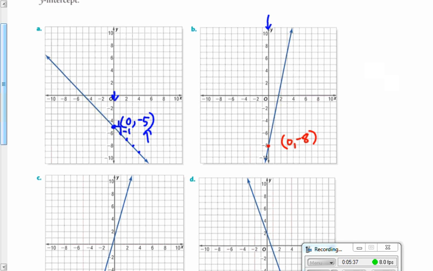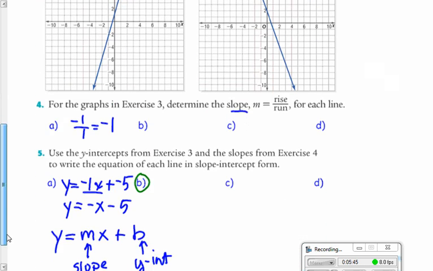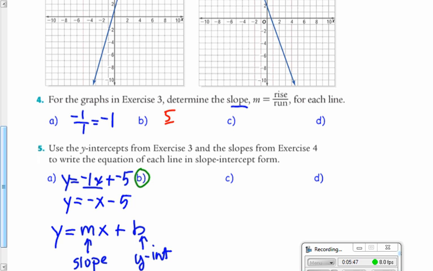And then doing rise over run, you maybe use this point here and you went up 5 over 1. So you got a slope of 5, and the equation then would be y equals 5x minus 8.